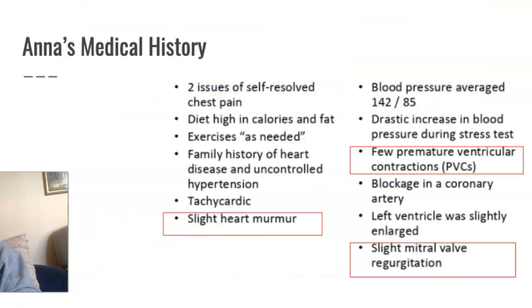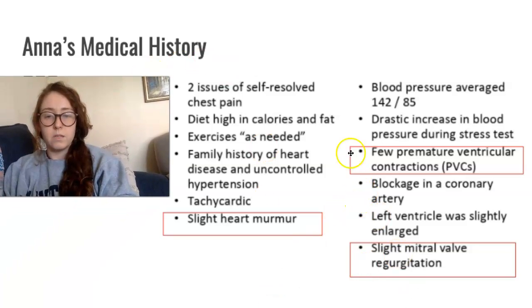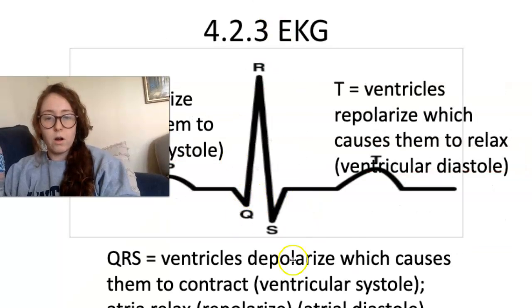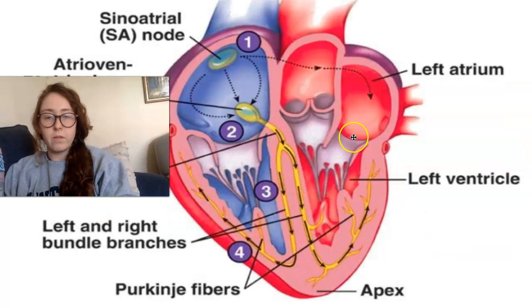Okay, so at this point we've covered everything that we need to understand the things that are listed in Anna's medical history. The slight heart murmur could be detected with an EKG. The premature ventricular contractions, which means that her QRS complex is happening too early, it's premature, you could also read that on an EKG. And then she also has slight mitral valve regurgitation. If you remember, the mitral valves are there to prevent backflow.